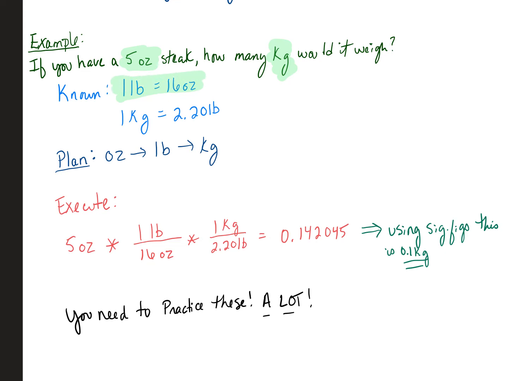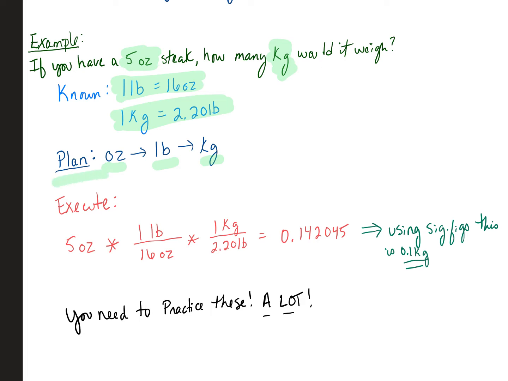And you may also know that 1 kilogram is 2.2 pounds. So I have to string this along in a way that makes sense. So my plan is to go from ounces to pounds to kilograms.